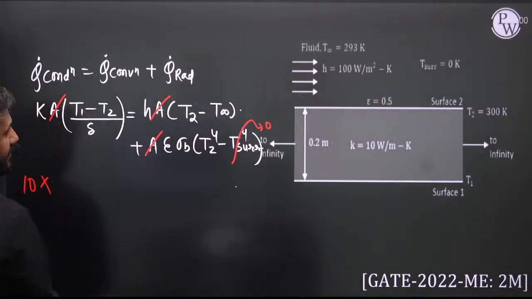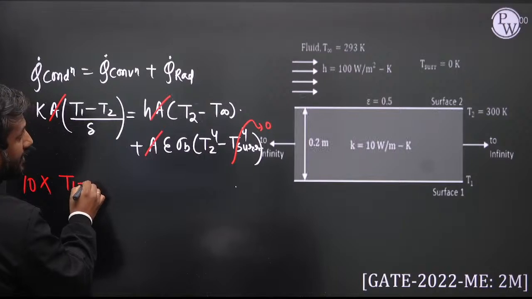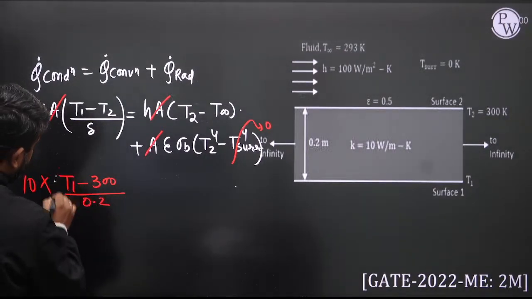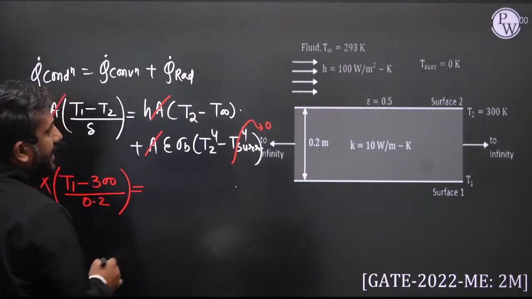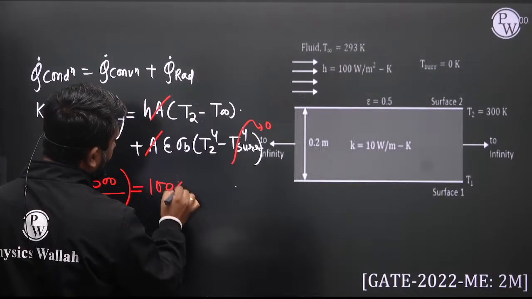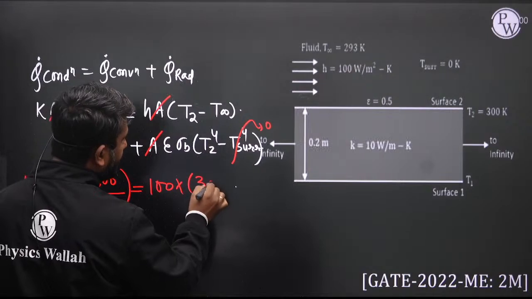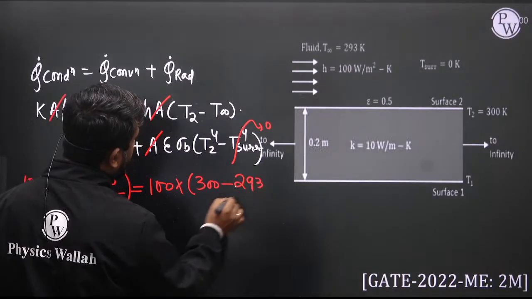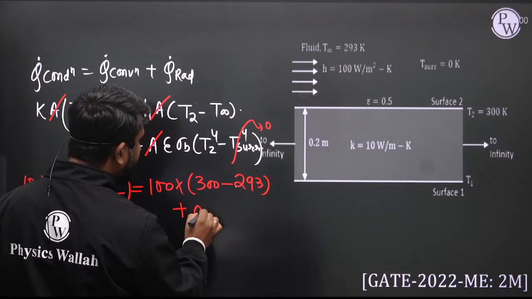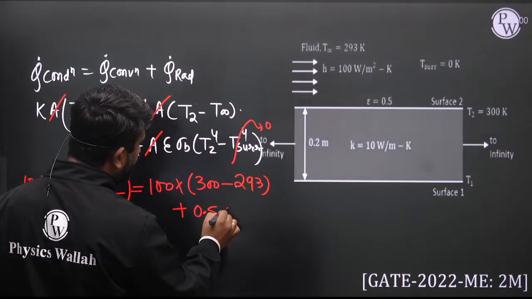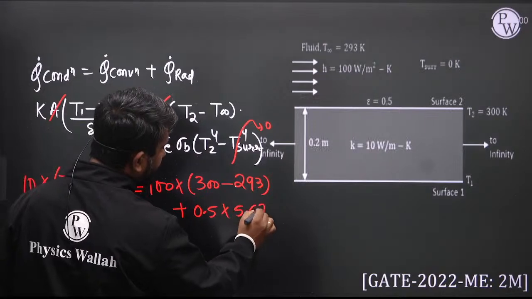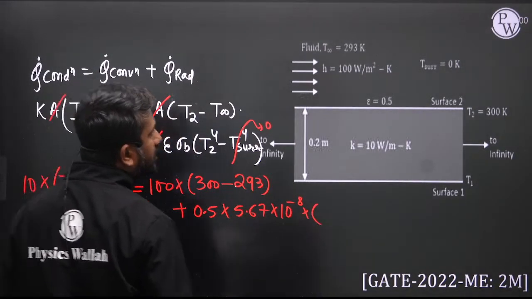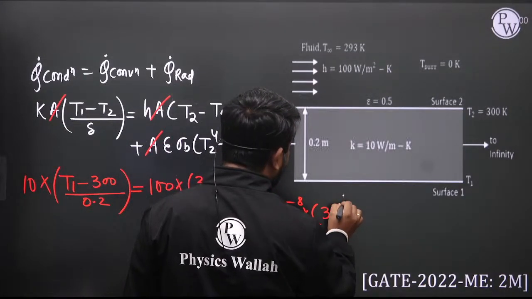So 10 multiplied by T1 is unknown, T2 is 300, divided by thickness 0.2, is equal to h value 100 into T2 300 minus T infinity 293, plus emissivity of surface 2 is 0.5, Stefan-Boltzmann constant 5.67 times 10 to the power minus 8, T2 to the power 4, that means 300 to the power 4.